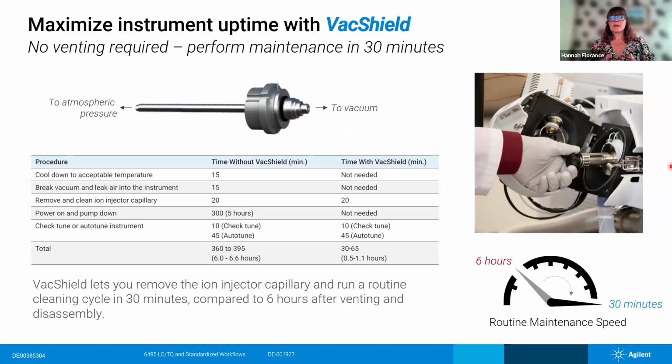Typically, in older instruments, you would have to vent the instrument, remove that ion injector capillary, switch it over, and then pump it down, so you'd probably schedule to do that overnight. But now, it's really nice. You have two capillaries. You simply pull one out, put the new one in, and within 30 minutes maximum, you're back up and running. You can then clean the capillary you've just removed at your leisure when you have time.